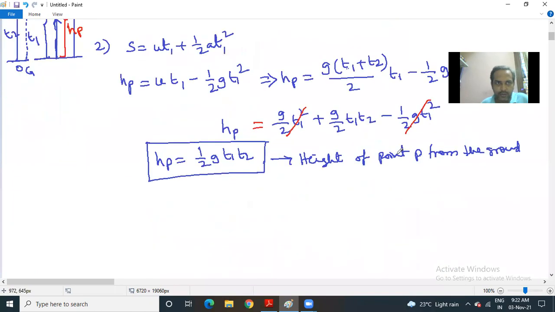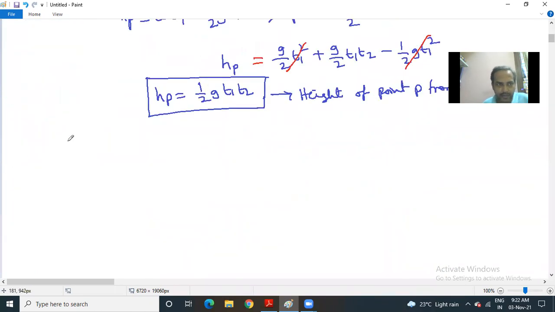Next, let us move to the third formula in the same concept: the maximum height reached by the body.